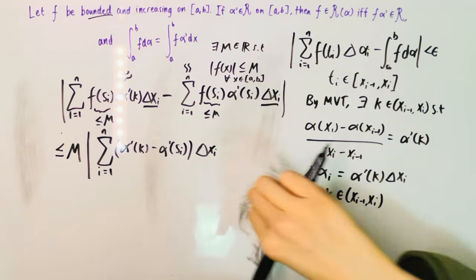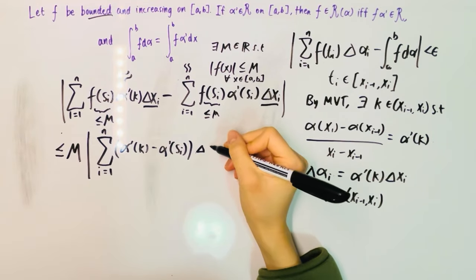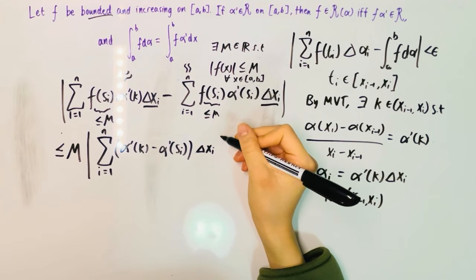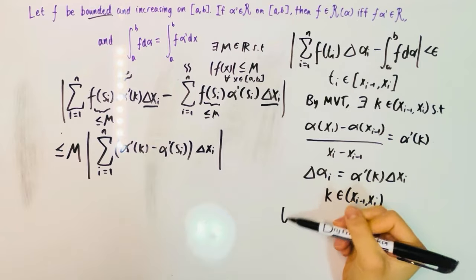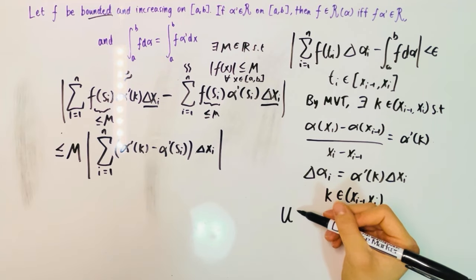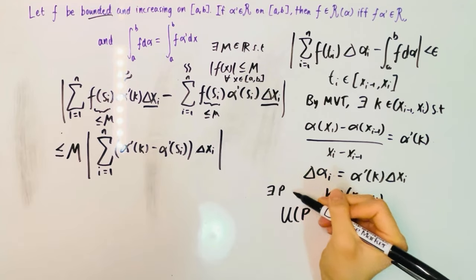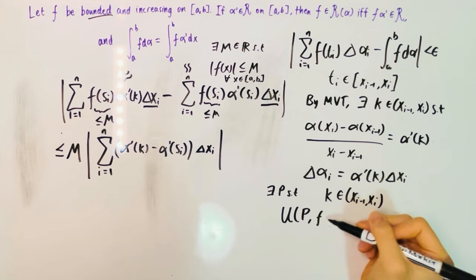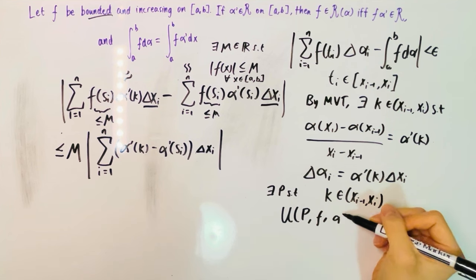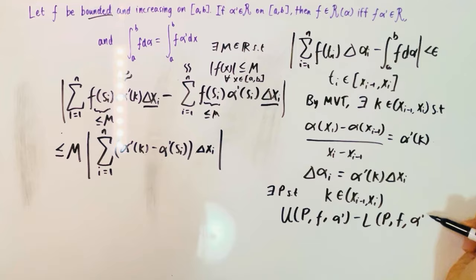And notice that because alpha prime is Riemann integrable, by the integrability criterion, there exists a partition P such that U of P, f, alpha prime minus L of P, f, alpha prime is less than epsilon.